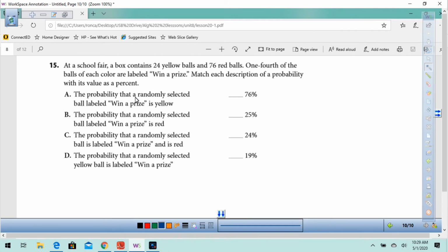Match each description of a probability with its value as a percent. Okay, so we got red, we got yellow, win, not, and we're going to put total here.